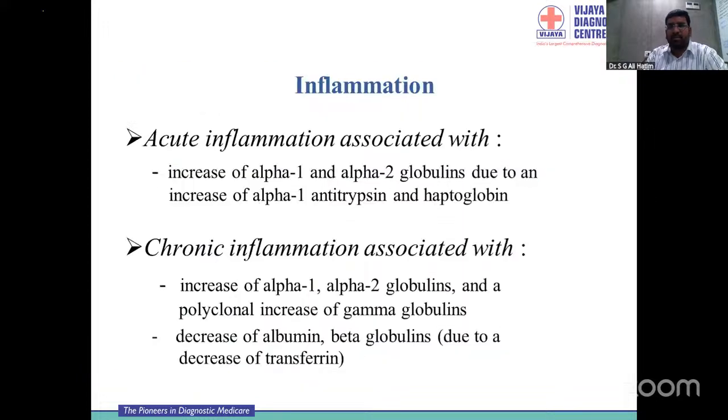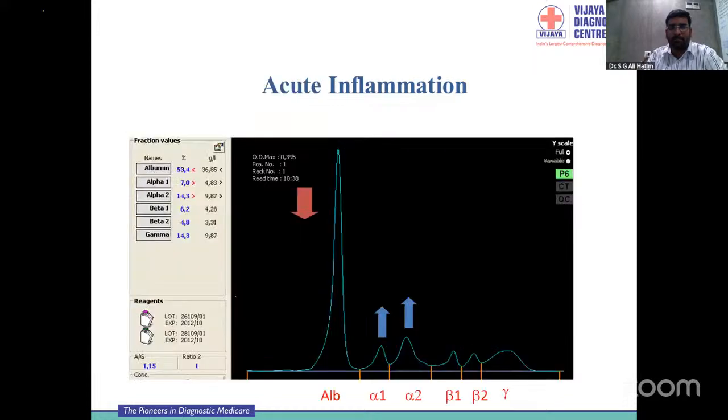Individually, let us start with acute inflammation and how the pattern looks. In this electrophoresis, on the left side, you can see the concentration-wise values. In acute inflammation, albumin will be decreased, and alpha 1 and alpha 2 are increased.